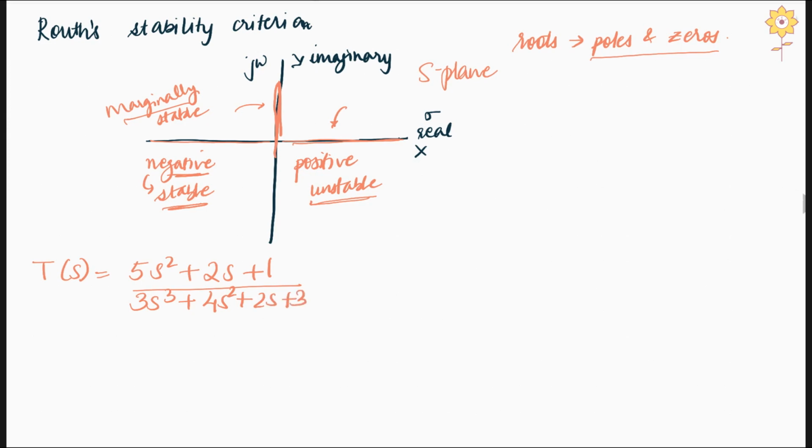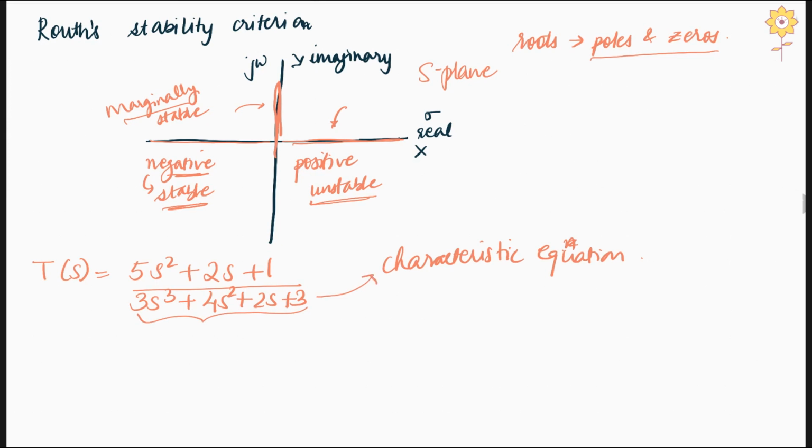While solving Routh's stability criterion numericals, we are interested in the characteristic equation. In the question, you will be directly given the characteristic equation. If not, you will be given a transfer function from where you can take the denominator, which is nothing but the characteristic equation.